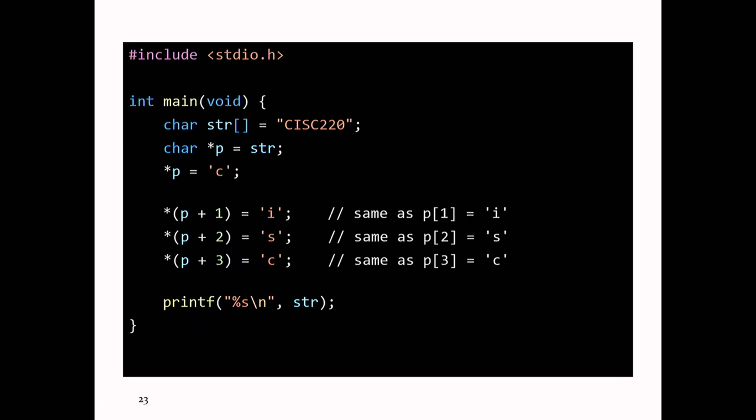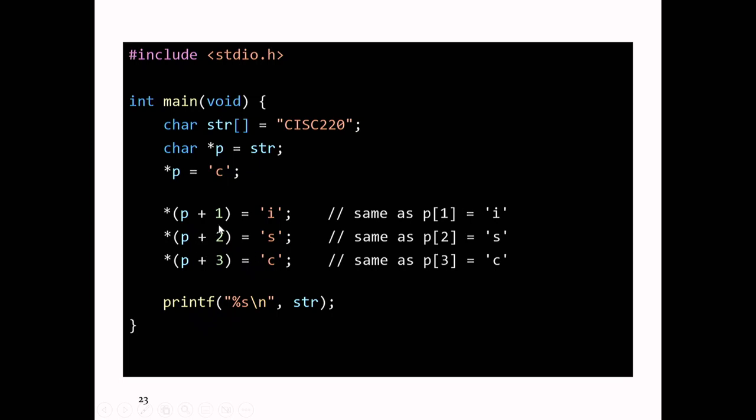If I dereference those pointers, I can actually change the value of the objects that are pointed at. So p plus 1 points at the I. Star of p plus 1 gives me the object big I, or it actually gives me the element str[1]. And I can reassign that value to lowercase i. That's the same as writing str[1] equals i.